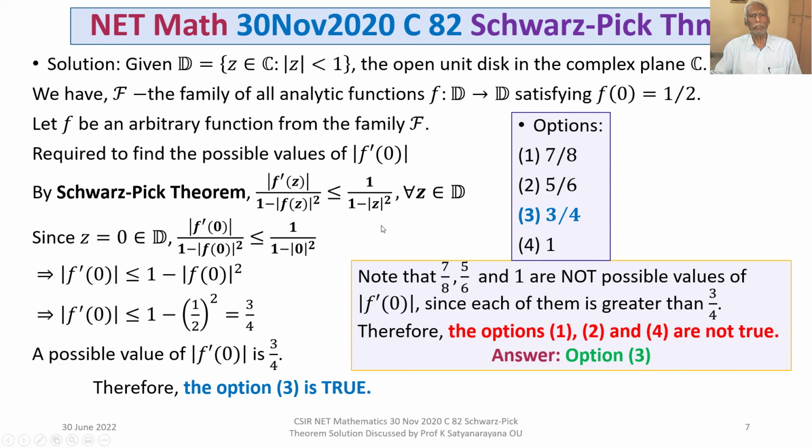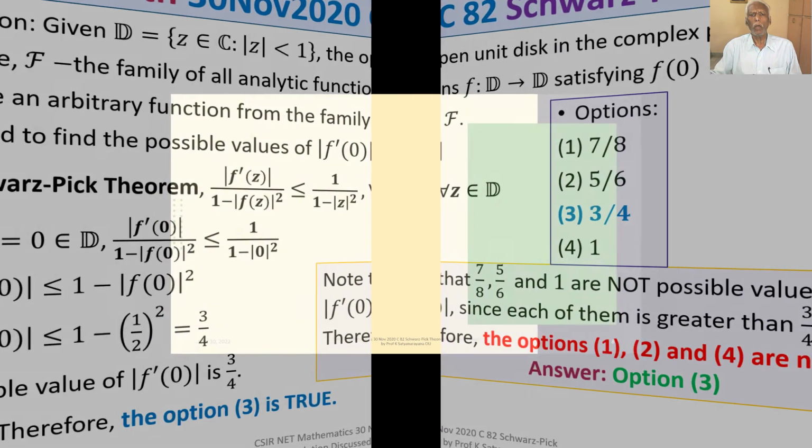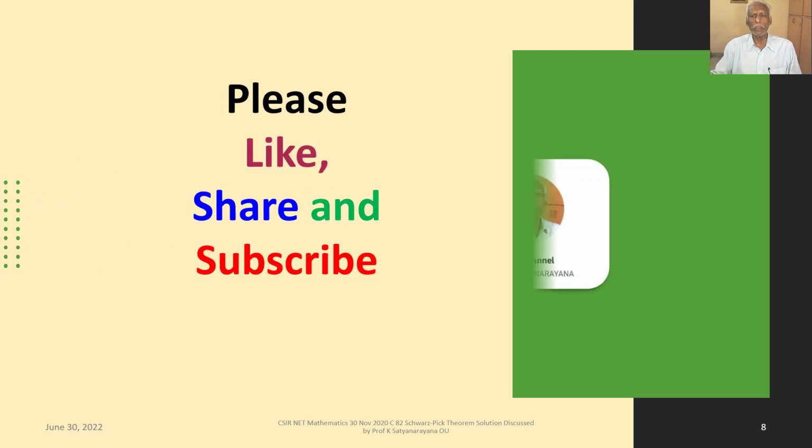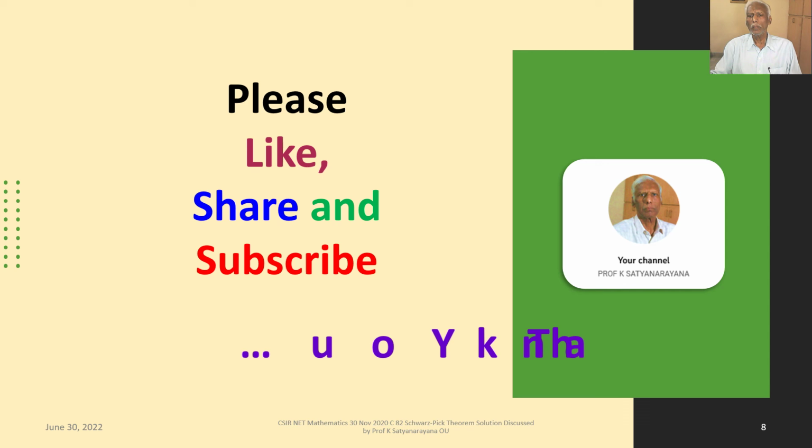The section on the Schwarz lemma and its corollaries and applications is very important, and we have been getting problems on the Schwarz lemma and its corollaries many times. So, concentrate on the Schwarz lemma and its corollaries and applications.